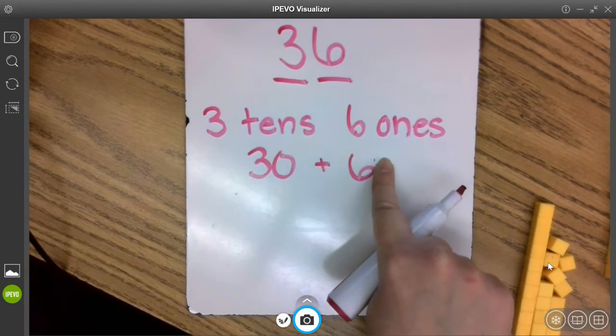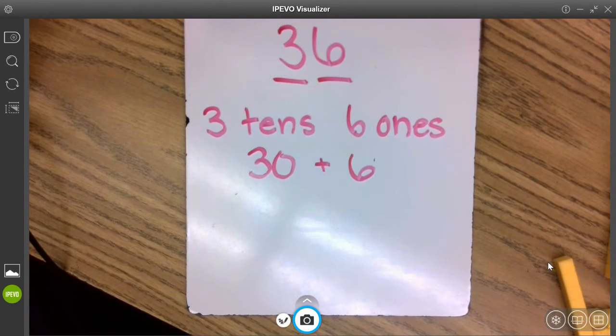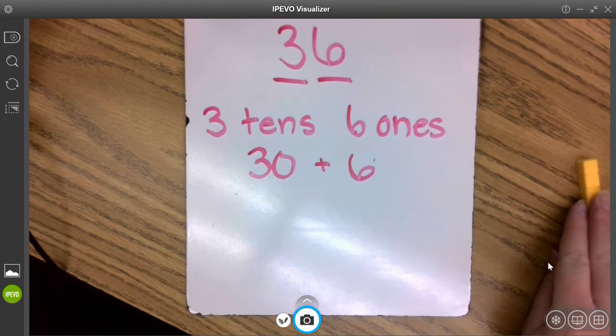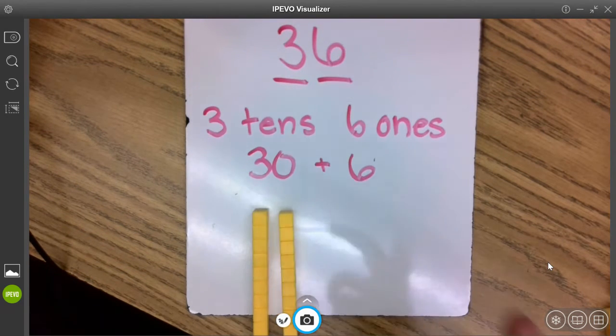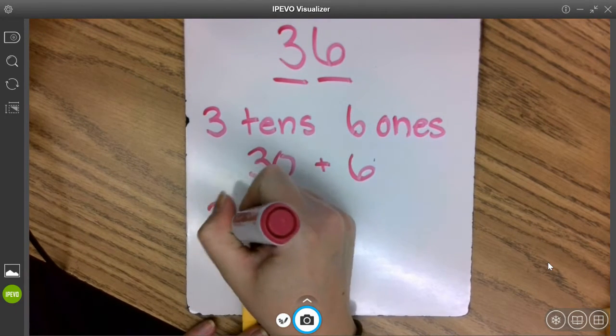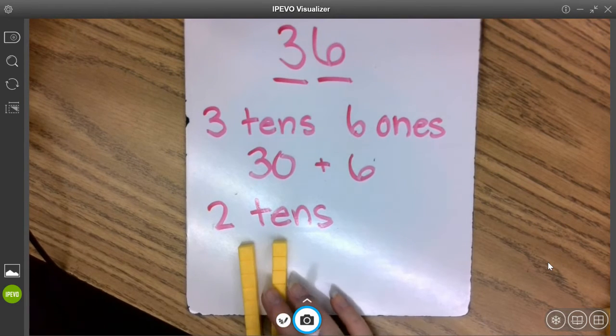the 6 1s. But what if, when I'm making my 3 10s, what if I only had 2 10s available? Could I still make 36 if I only have 2 10s? Let's see what I would need.